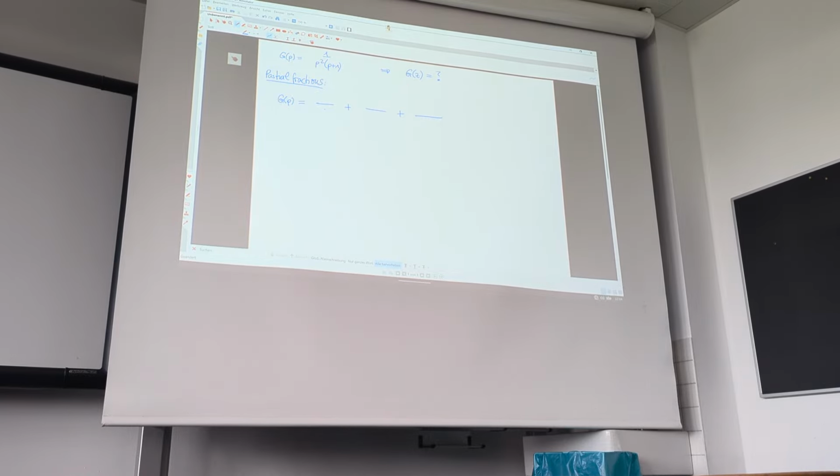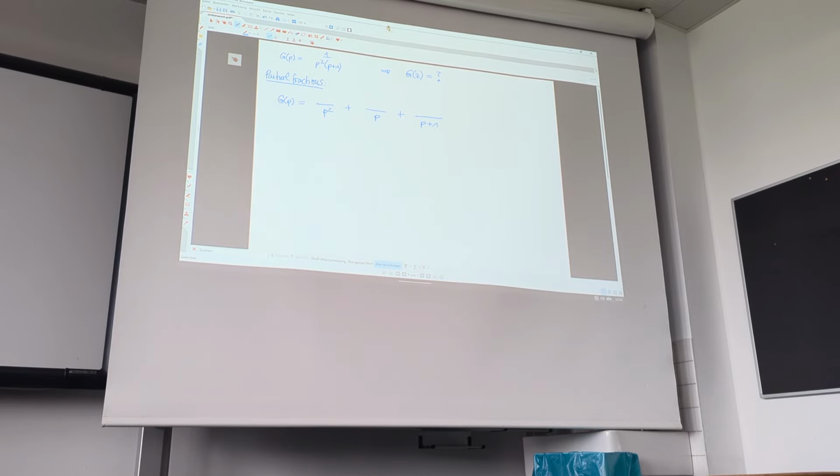And the others would be just p. And which other one? P squared, exactly. So if you have a multiple pole, then you have to consider each of the multiples. So in our case, p and p squared.